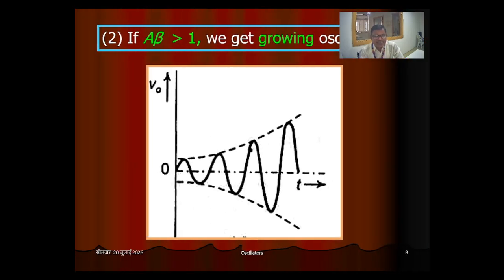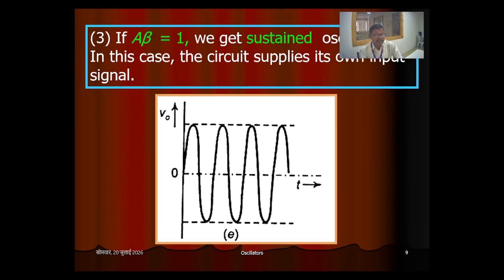Second, if A beta is greater than 1, we get growing oscillations. Initially the output is low, and with increasing time the output grows up to maximum. So it is also not a sustained oscillation. Third, if A beta is equal to 1, we get sustained oscillations. In this case, the circuit supplies its own input signal. This is called sustained oscillations.